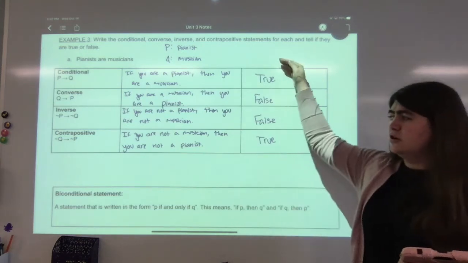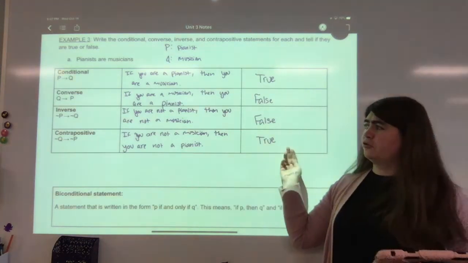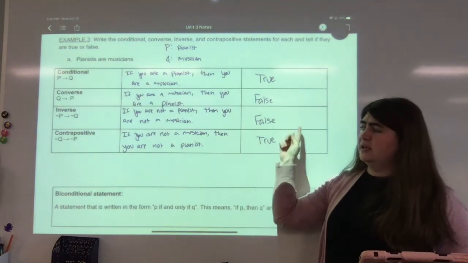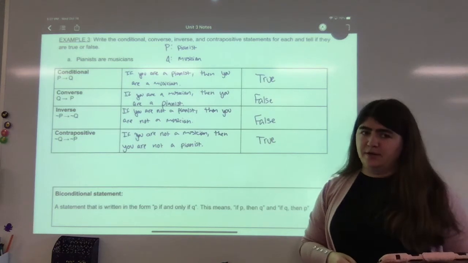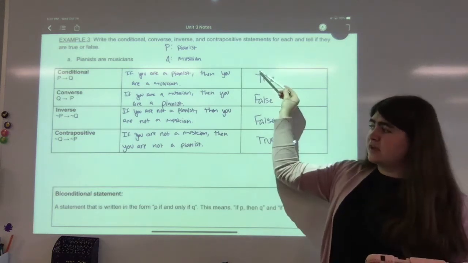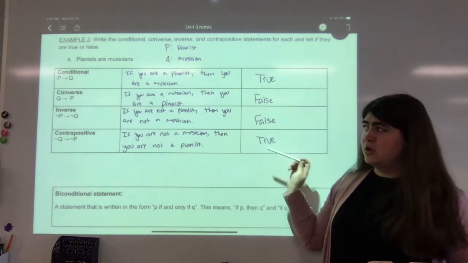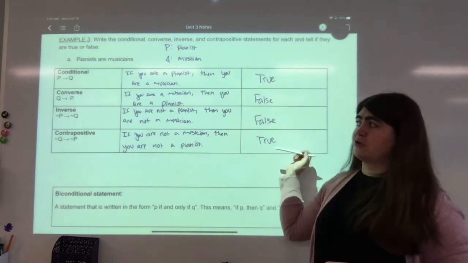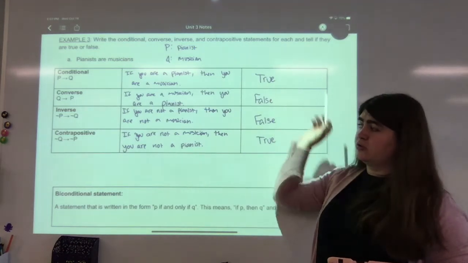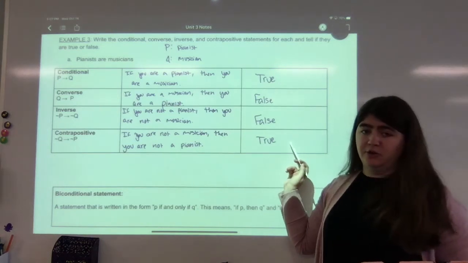All right, look at something interesting here. The conditional and the contrapositive were both true, and the converse and the inverse were both false. Well, there's a reason that happened. The conditional statement and the contrapositive statement work together. If one of them is true, the other should also be true.